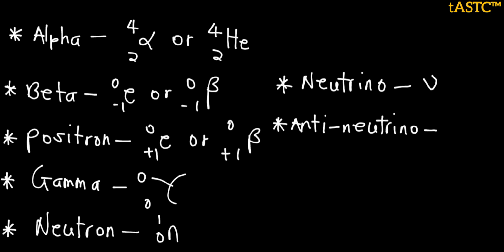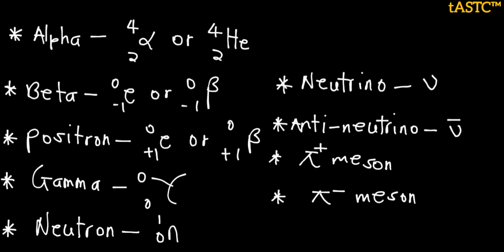Now anti-neutrinos are written this way. Then you could also have mesons or pi mesons. Now you could have positive pi mesons and the negative ones. So the positive pi mesons are these ones, and then the negative pi mesons, they are these ones.